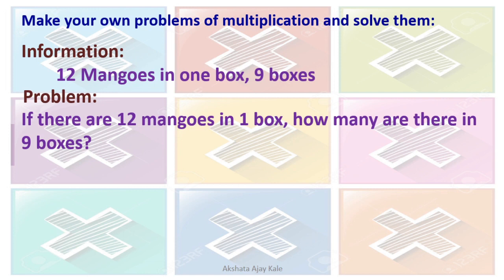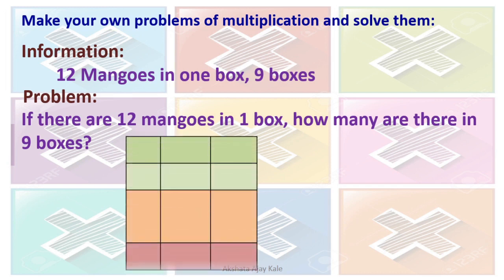Okay, means in one box there are 12 mangoes. How many mangoes in 9 boxes we have to find out. Okay, we will go for the method now. Now we have written the word problem, right? Now we will try to solve this.